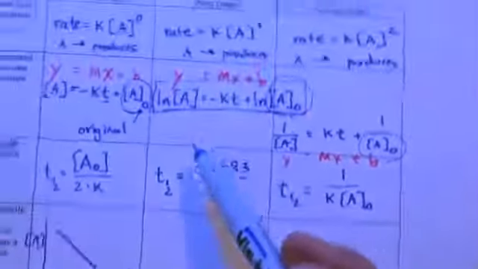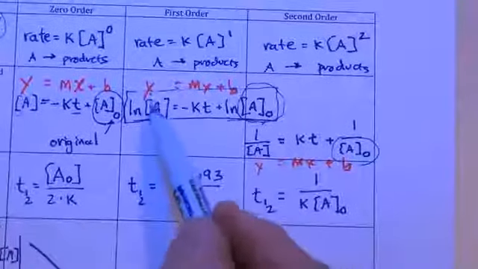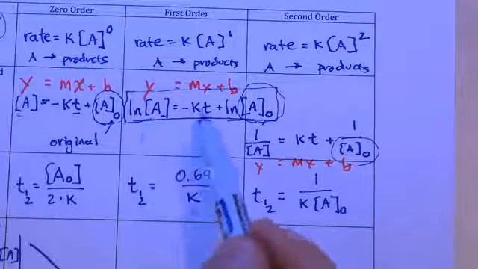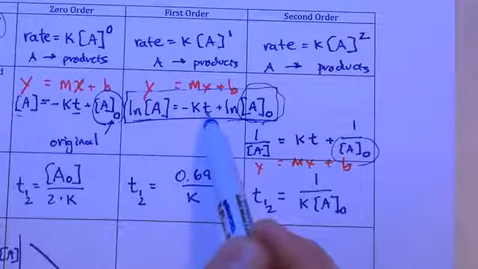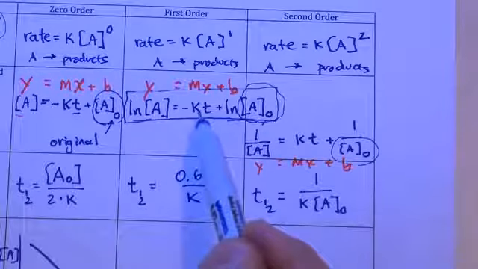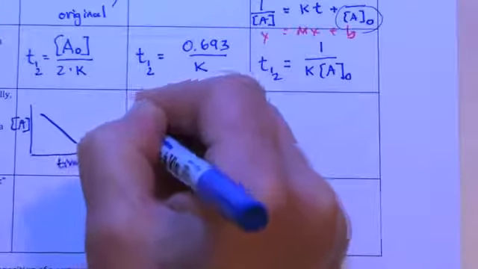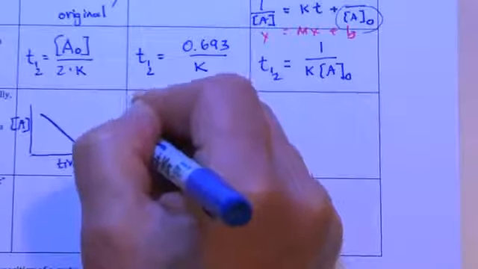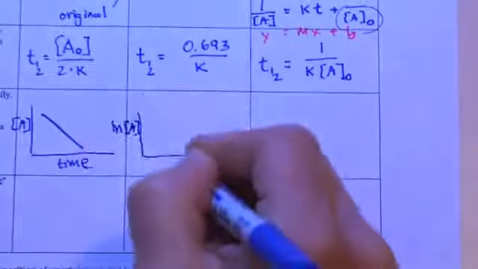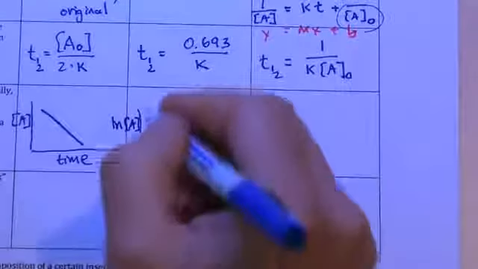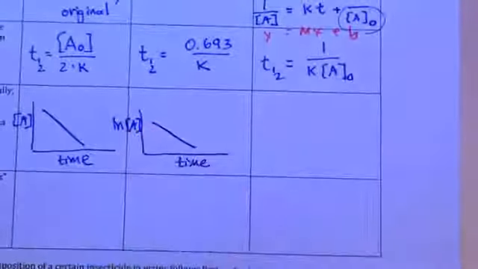Now, if you look at the integrated rate law equation for first order, notice that the y-axis is the natural log of concentration, the x-axis is time, and the slope should be negative once again, and if we find the slope, it should give us the rate constant for the first-order process. So in this case, I should have natural log of A up here, time down here on the x-axis, and I should get a straight line with a negative slope.